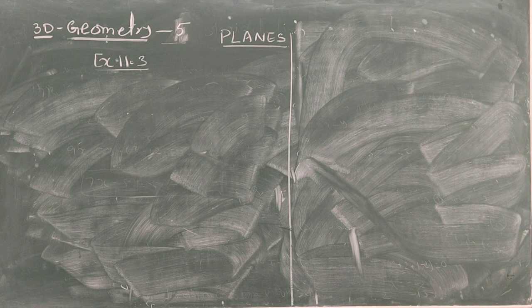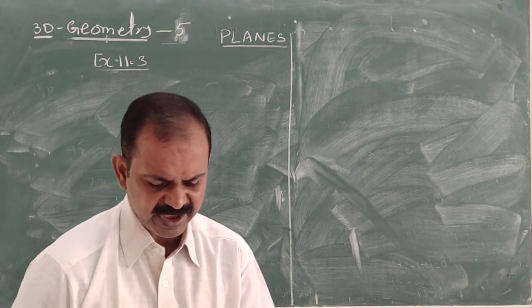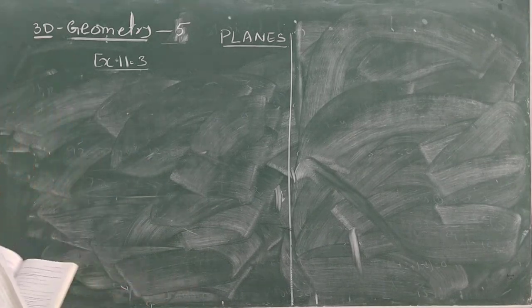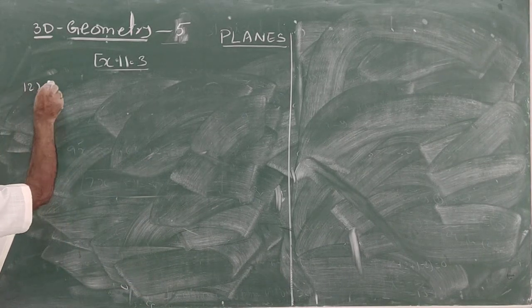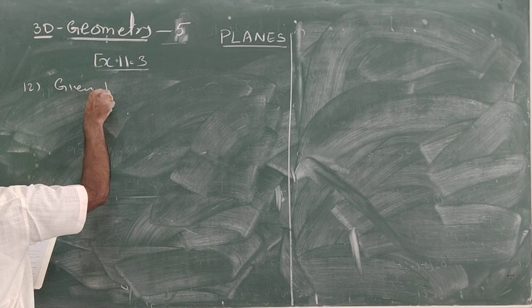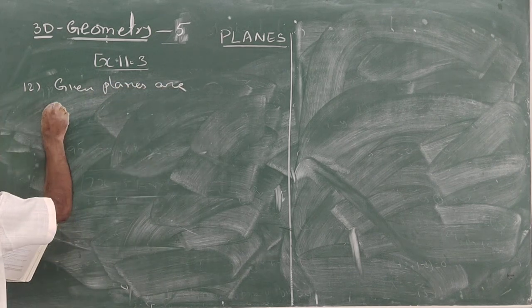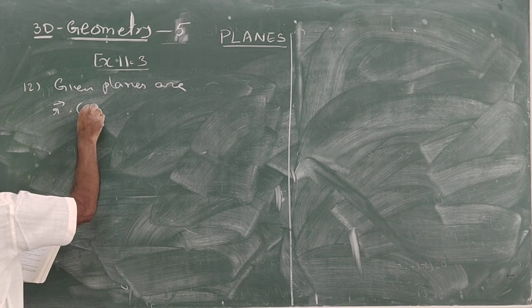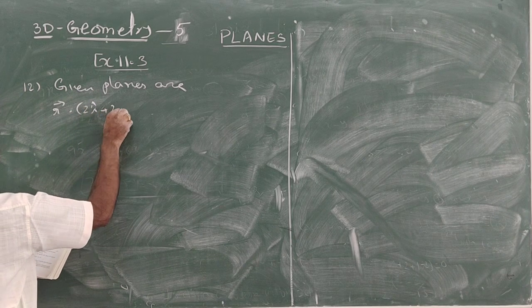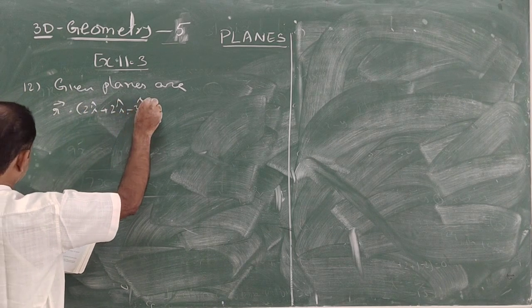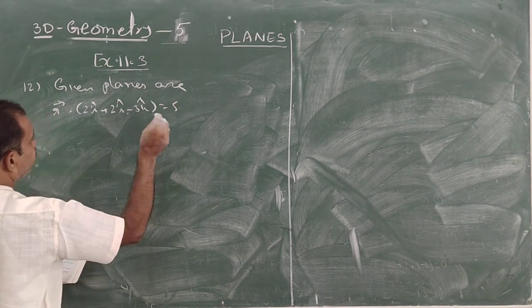The next one is to find the angle between the planes. The given planes are r dot (2i plus 2j minus 3k) equals 5.